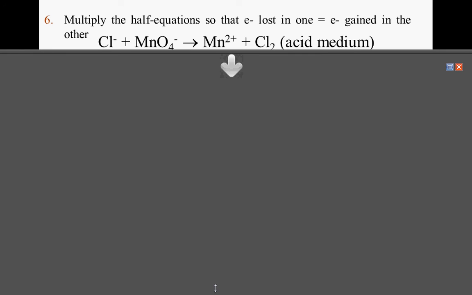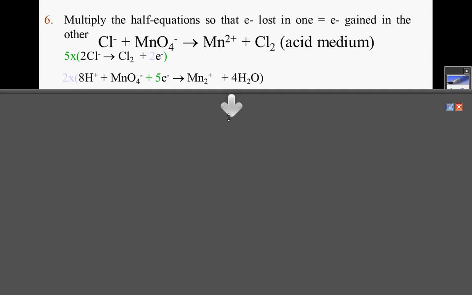One's got 2 electrons, the other one has 5. Okay. We'll see if you can do that. That's what I did. 5 times the whole thing, 2 times the whole thing.